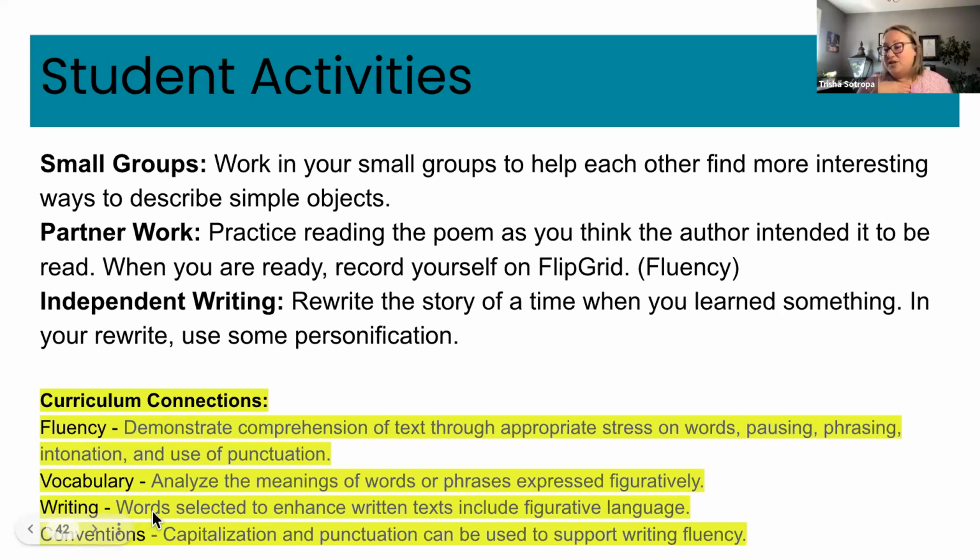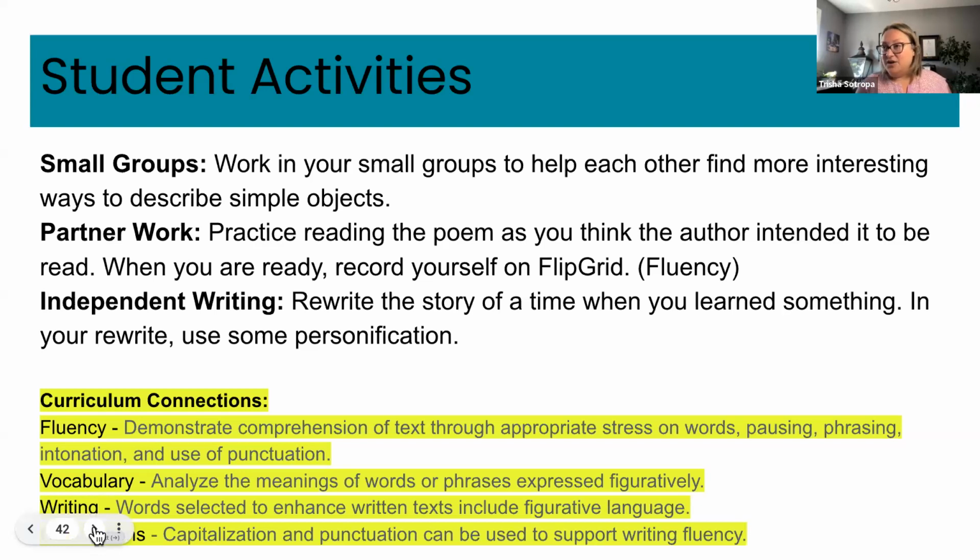In writing, words are selected to enhance written text. Words selected to enhance written text include figurative language, so that's in the writing as well. And conventions, if you do the independent work: capitalization and punctuation can be used to support writing fluency. So all of these are connected to the curriculum.